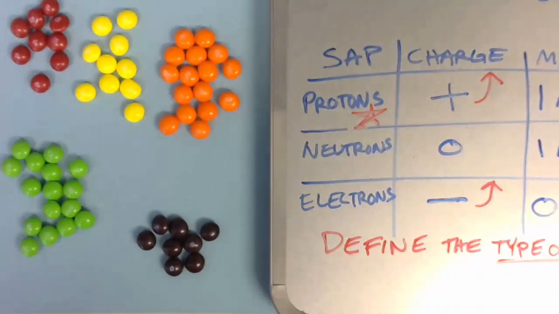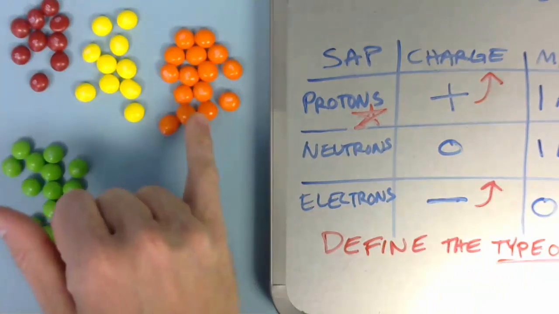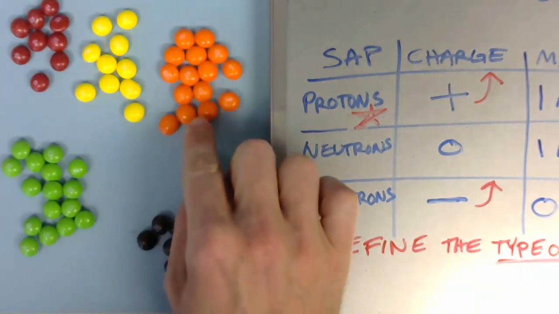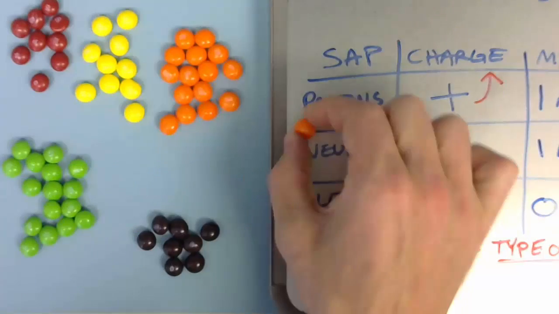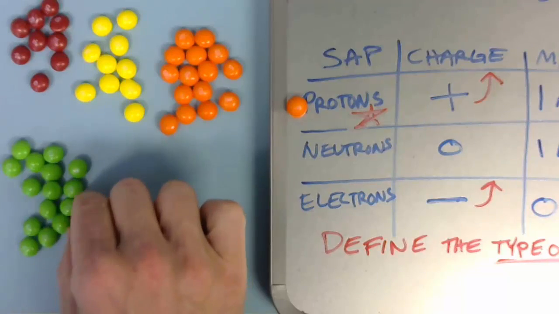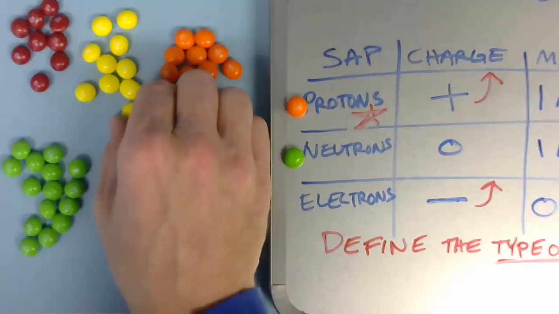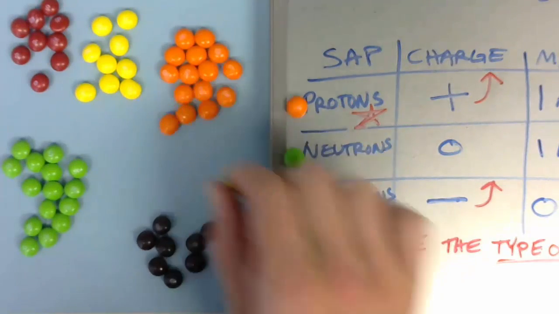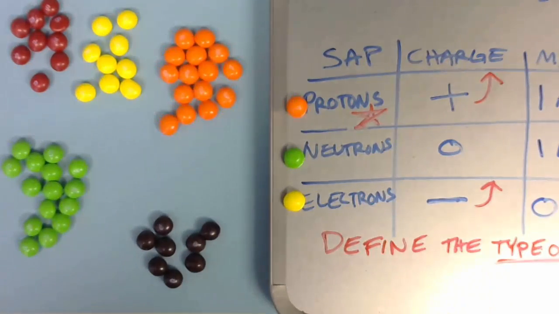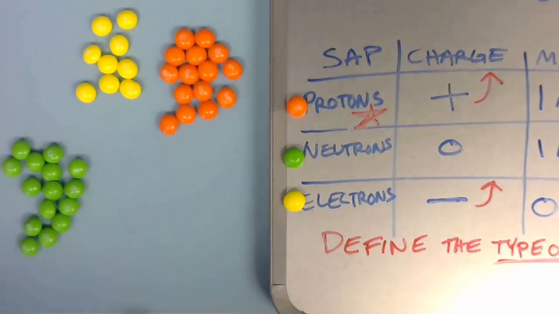Now, designate each of these subatomic particles to be coordinated with one of these candies. So I'm going to have the orange ones as protons, green ones as neutrons, and yellow ones as electrons, because those are the three most abundant I have. Go ahead and eat the other two, or save them for later.